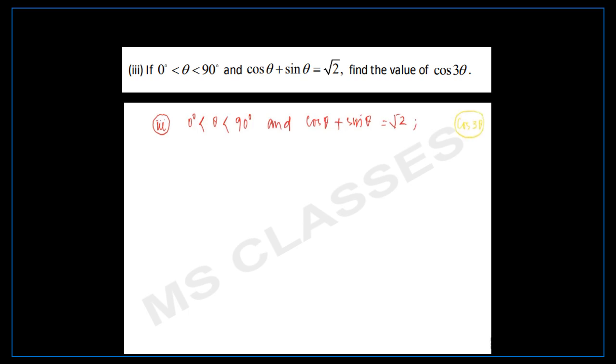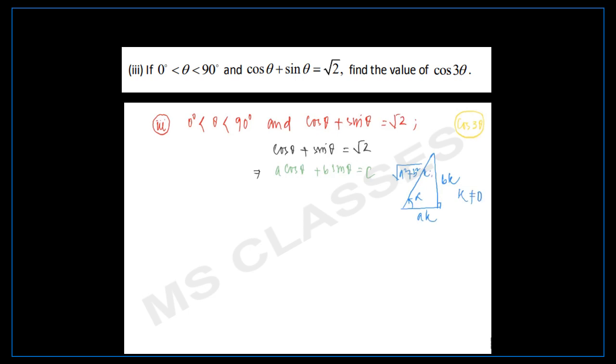Now, the given expression cos theta plus sine theta equal to root 2 is in accordance with this form: A cos theta plus B sine theta equal to C. For this type of case, we consider that there is a triangle with one side as AK and the other side BK, such that the hypotenuse will be root over A square plus B square into K, K not equal to 0.